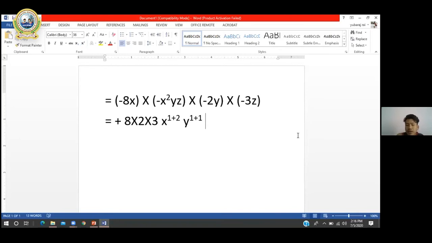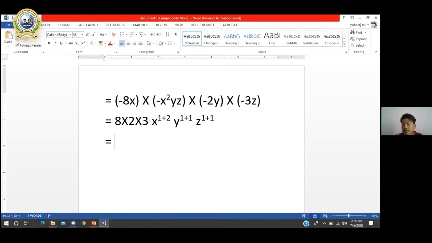Okay, for z, there is no z in the first term, but in the second term there is z, and in the last term there is another z. That means the powers will be added. So in the second term the power is 1, and in the fourth term the power is 1. Now the simple mathematics, as I've told you already, if there is a plus in front you don't have to write anything there, so I'm just rubbing it off.